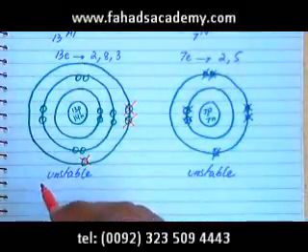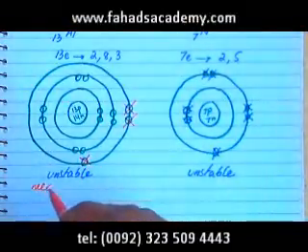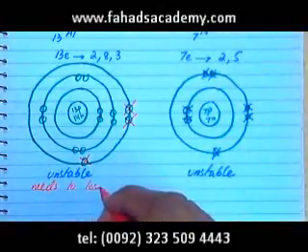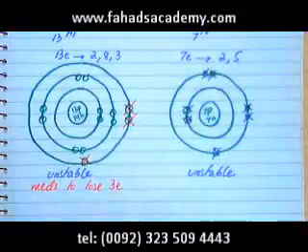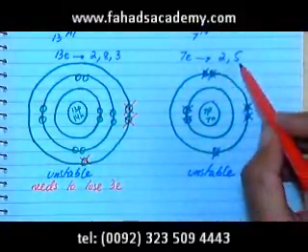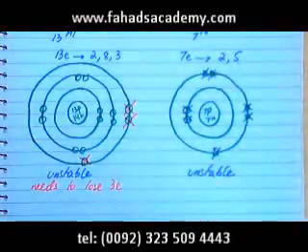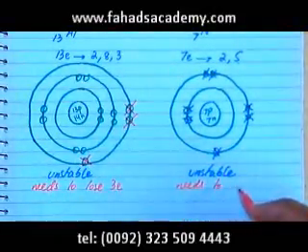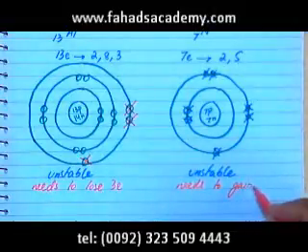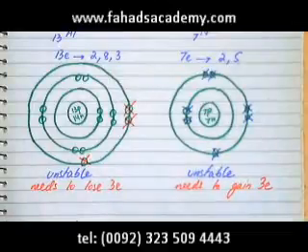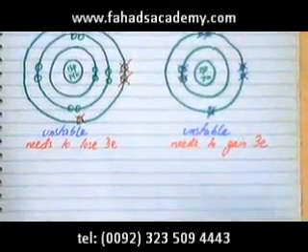So it needs to lose 3 electrons. On the other hand, you have nitrogen. It has a total of 5 electrons in its outer shell, and to complete its outer shell it needs to gain 3 electrons. So aluminium needs to lose 3 electrons, whereas nitrogen needs to gain 3 electrons.